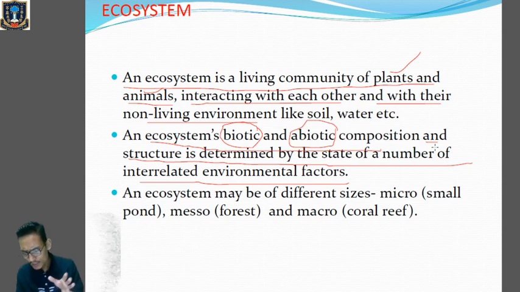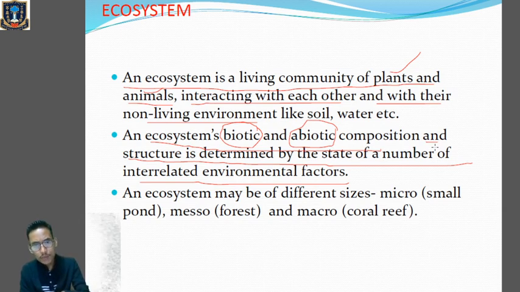Clear? For example, we can say that a forest fire can convert a mature forest to a community of grass and herbs. Actually, the ecosystem was a forest ecosystem.